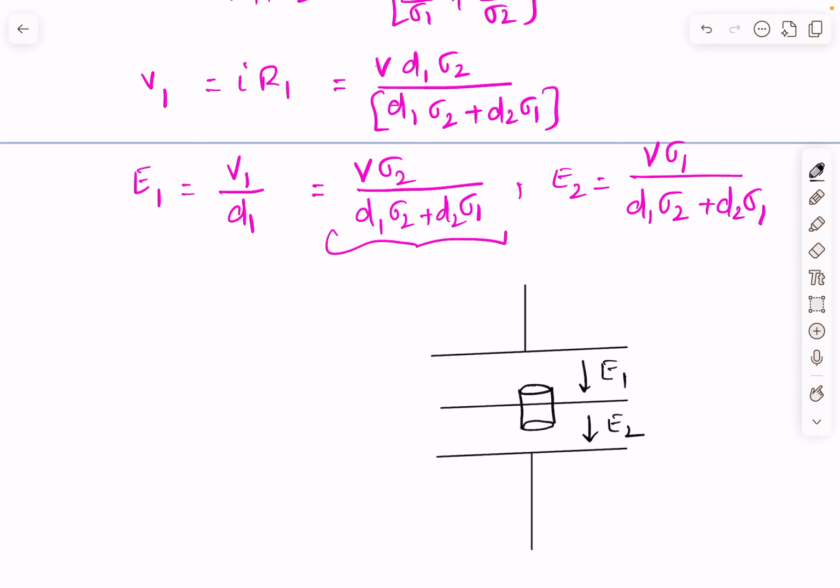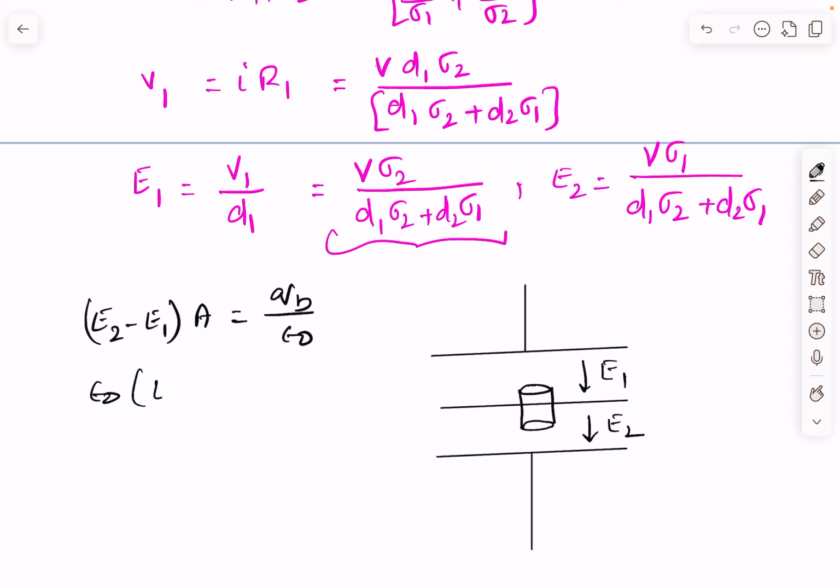So the net electric flux can be written as E2 minus E1 into area, and this can be equated to charge near the boundary upon epsilon naught. So if you divide QB by area on the right hand side, we will get our desired value. So let us cross multiply by epsilon naught also.